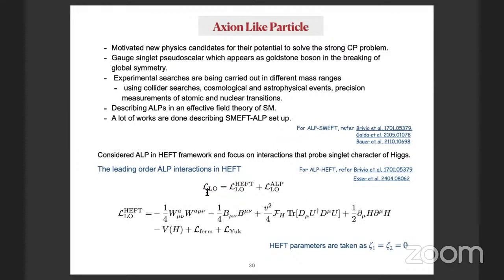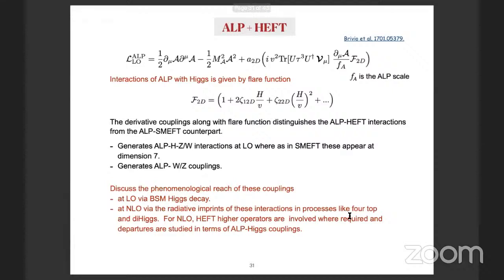We considered the leading order Lagrangian, which incorporated the leading order HEFT Lagrangian that I mentioned before, and the leading order ALP Lagrangian. So the leading order HEFT Lagrangian looked the same, just the difference is we did not consider these zeta 1 and zeta 2 parameters. And the leading order ALP Lagrangian looks like this, where this a to D derivative coupling is the most important one, which brings out your interactions of the ALP with the Higgs and other standard model particles.